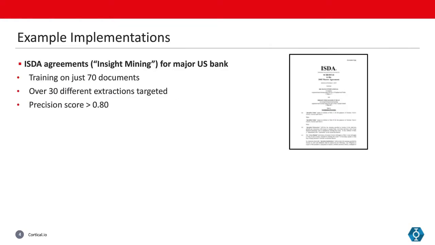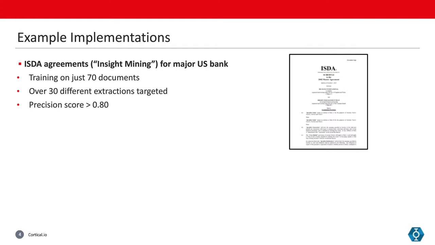Here are some examples of how quickly and easily it can be implemented and the resulting benefits. In one case, a major bank wanted to review ISDA, International Swaps and Derivatives Association agreements, extracting over 30 elements with high levels of precision. It took only 70 documents to train the solution, and that's orders of magnitude less than would be required to train a deep learning system, as Michael described.